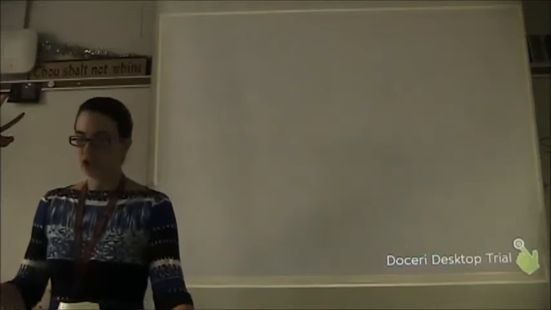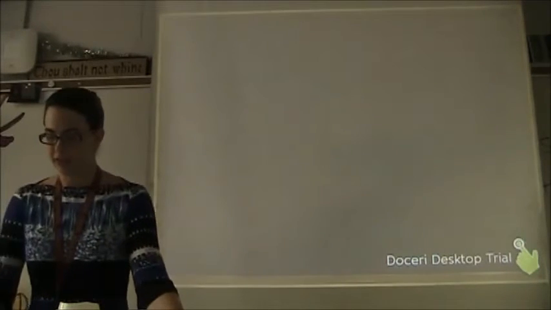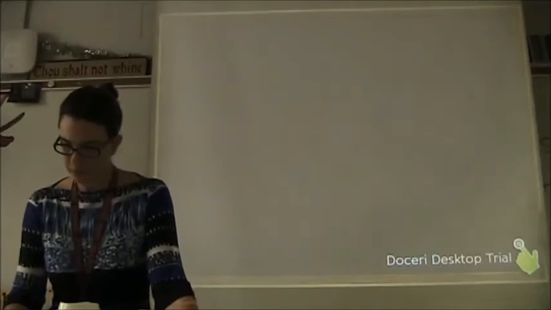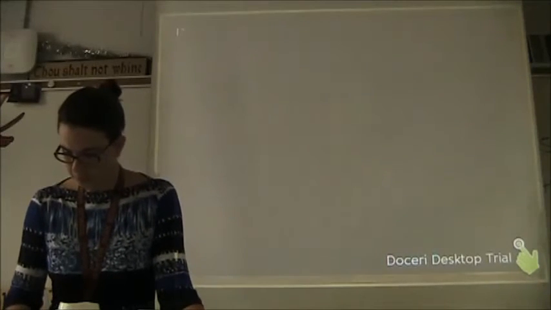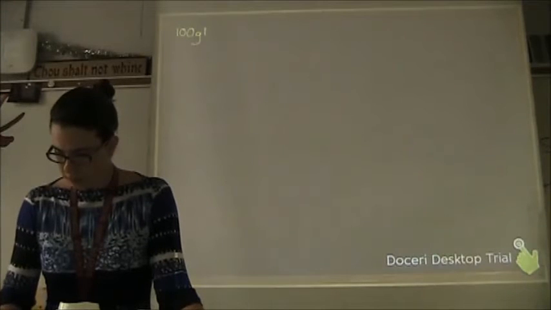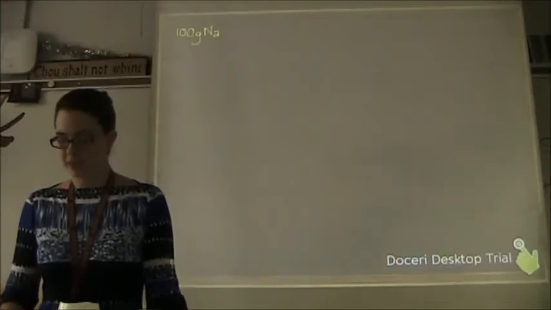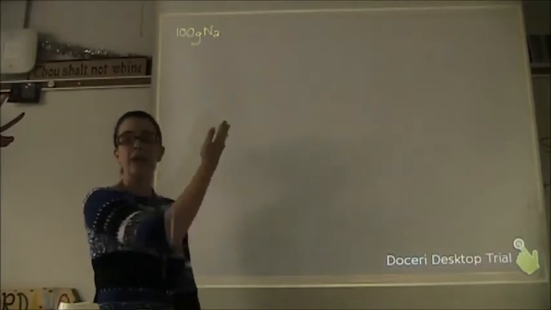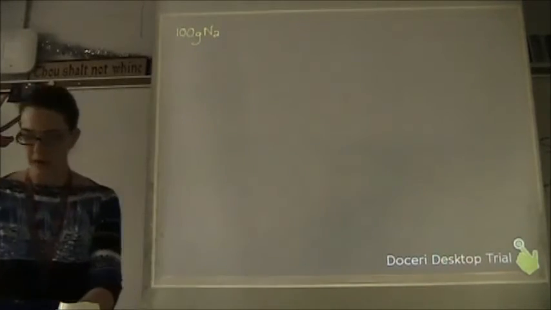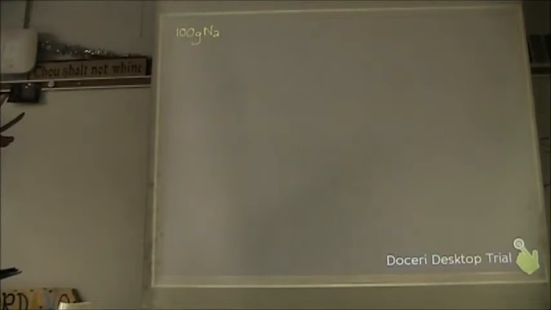All right, let's start with the nitrogen. All right, I was given 100 grams of nitrogen. Let's do a quick 3-step conversion to get from there to grams of ammonia. So let's just do that together here.